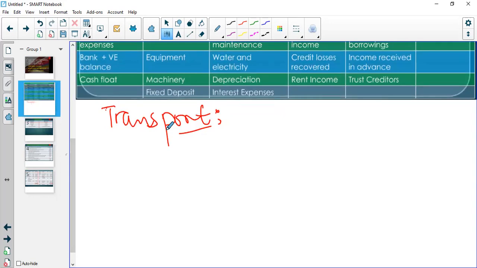For example, you have services like taxi services. You can have haulage services where you transport, let's say, furniture for a retailer from point A to point B.